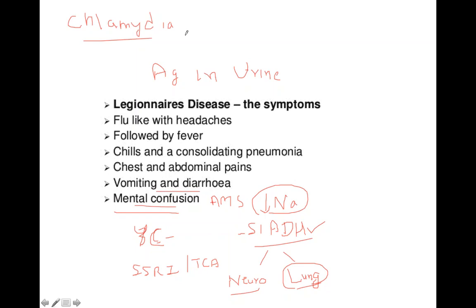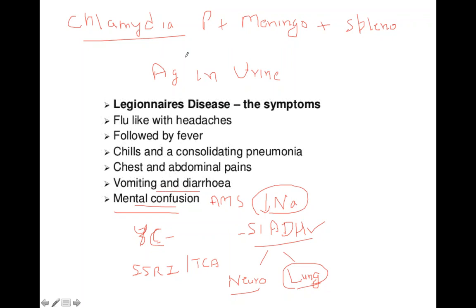So the patient will have pneumonia plus meningoencephalitis, and also splenomegaly. Diagnosis will again be serological test, and we will give the patient macrolides. Doxycycline can also be given.